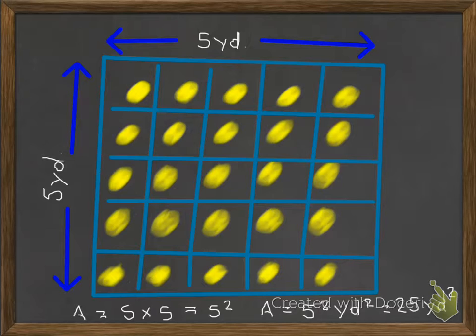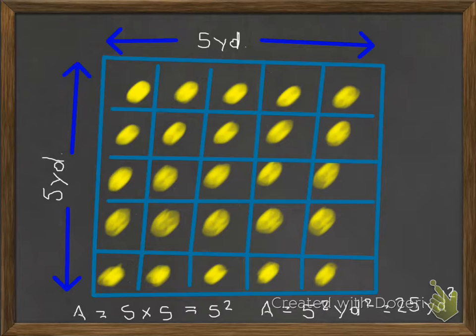So the total space that fills this larger square could be found by adding up all of the squares inside the space, but that would be tedious. So instead, what we can do is multiply the number of tiles along one side, so the number of rows, say, by the number of columns, right?